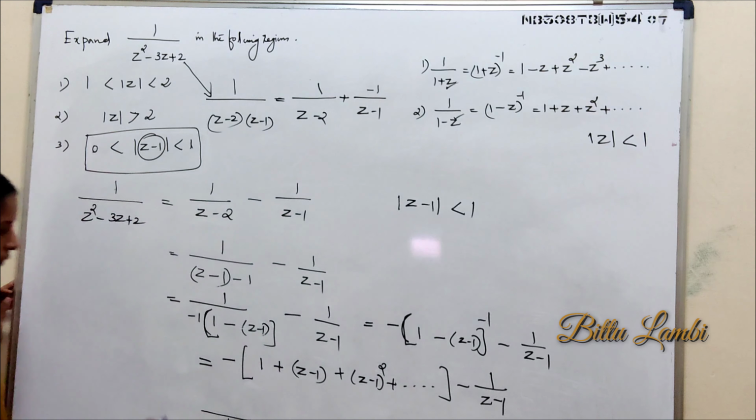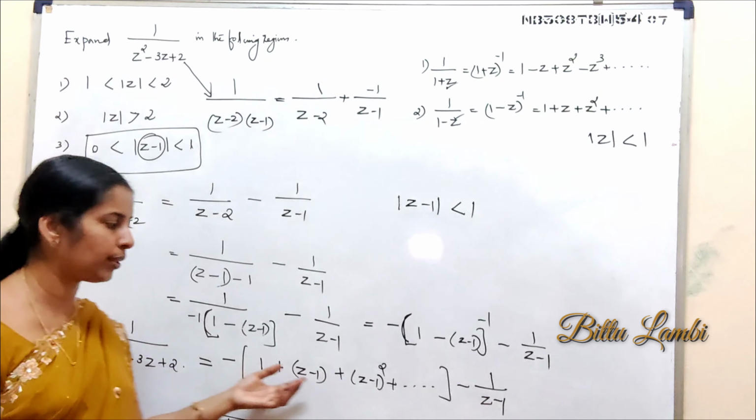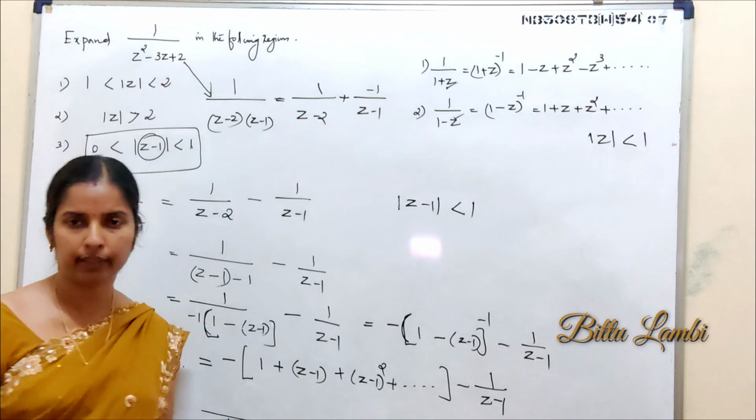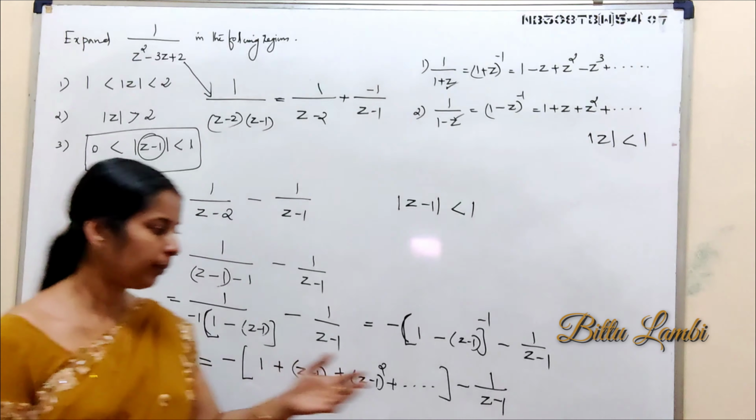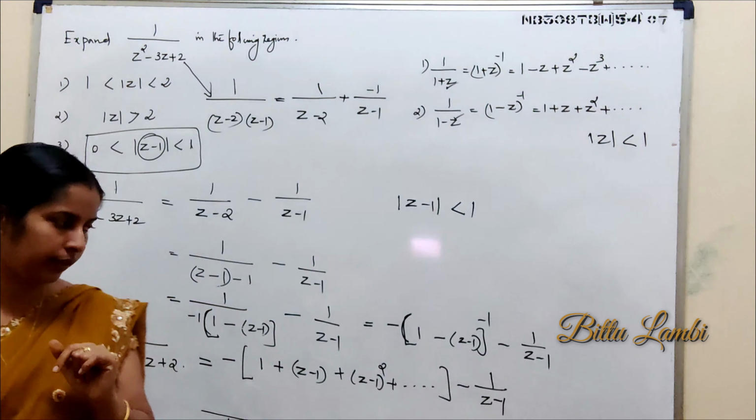See, this is our given function in the third region. The right side is in the form of an infinite series containing powers of z minus 1. In the right side you can see there are infinitely many elements in the positive powers of z minus 1. But in the negative powers you can see only one term, that is 1 by z minus 1.